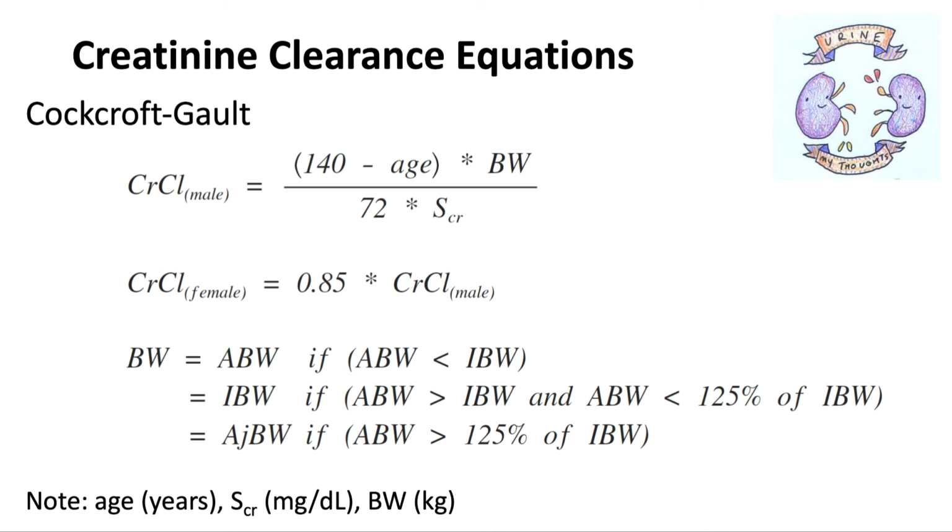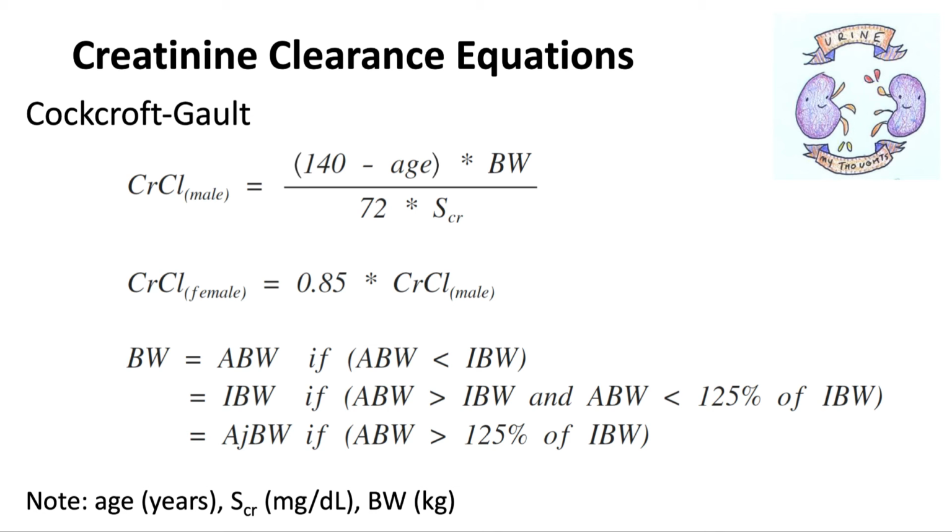Okay, so if you're between ideal and 125% of ideal, if your body weight is somewhere between there, then you're in a healthy range in this sense. So we would actually just use the ideal body weight. You're close enough to your ideal body weight that we'll just use the ideal body weight. So ideal body weight to 125% of ideal body weight.